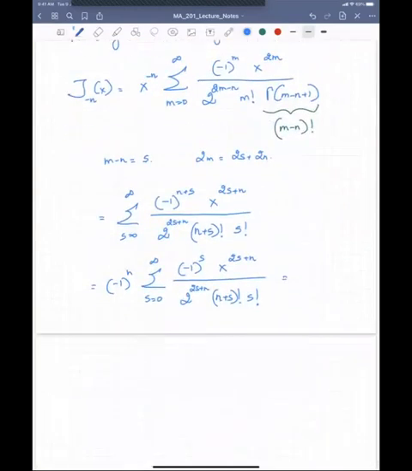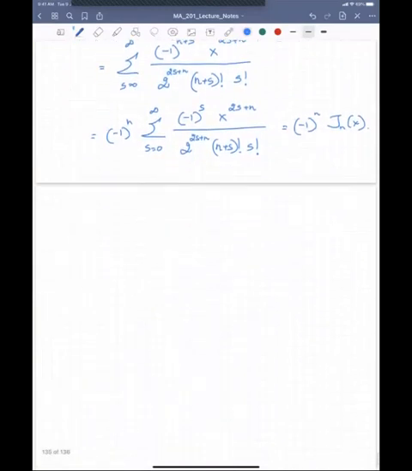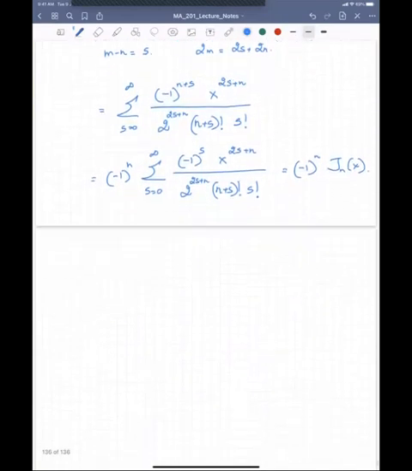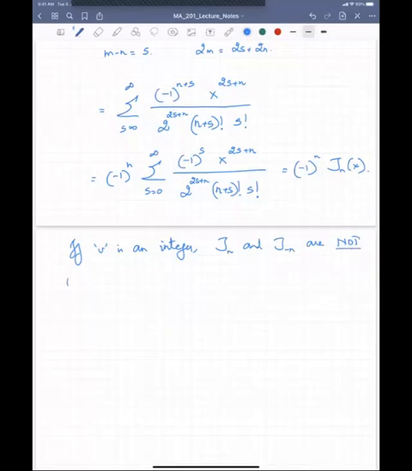So this is basically just minus 1 to the n J n of x. In other words, you find that if nu is an integer, J n and J minus n are not linearly independent, because if you divide one by the other, you just get a constant, which is minus 1 to the n. So if nu is an integer, J n and J minus n are not linearly independent.